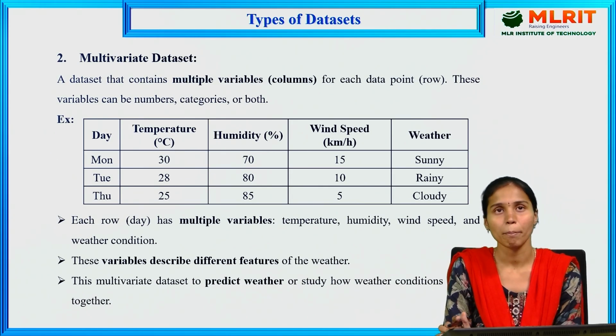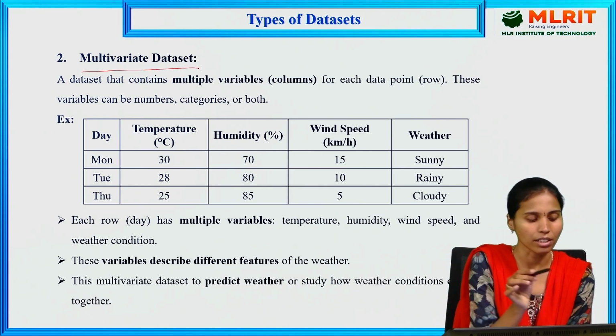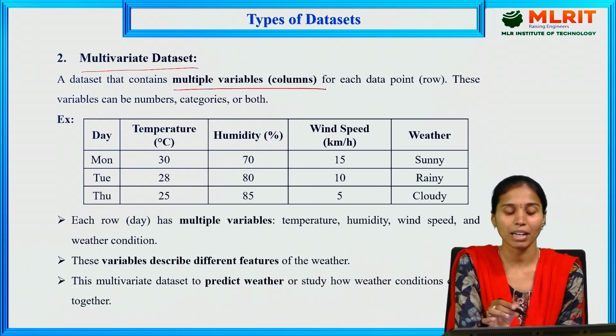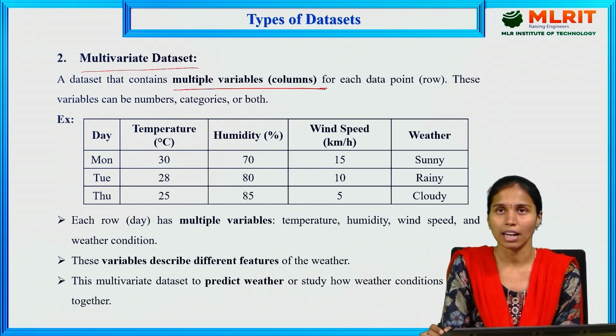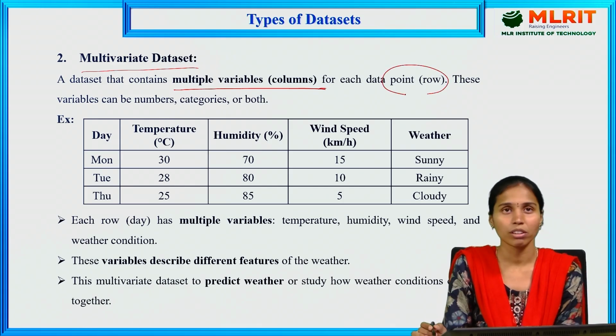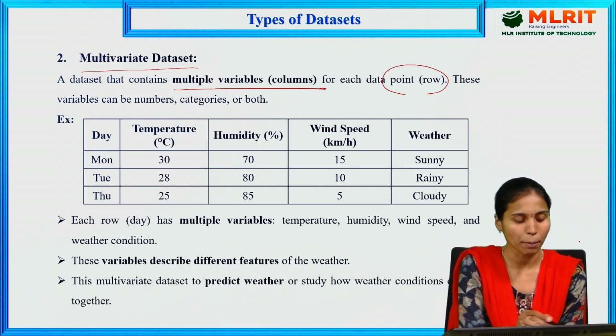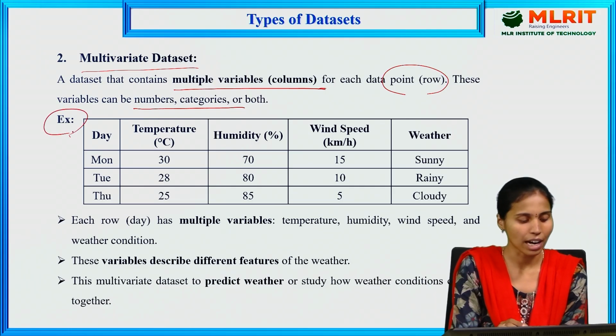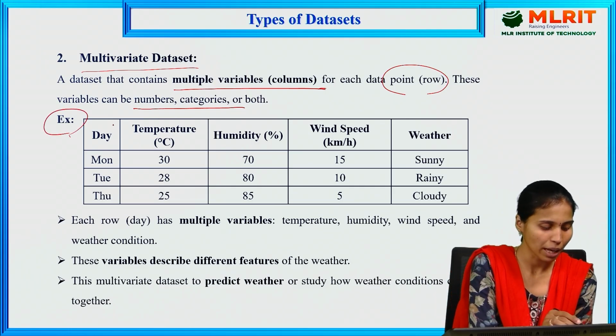Second one is a multivariate data set. A data set that contains multiple variables, multiple columns for each data point, each row. These variables can be numbers, categories or both. So, an example of a multivariate data set: in this table, I am considering 5 columns.